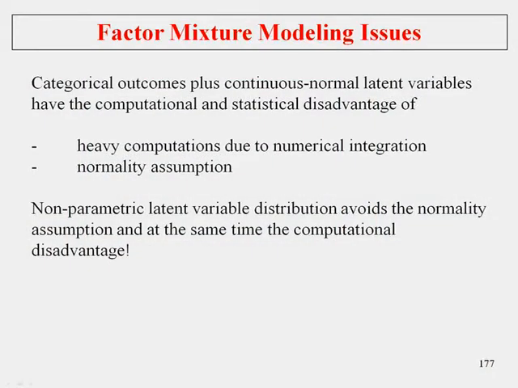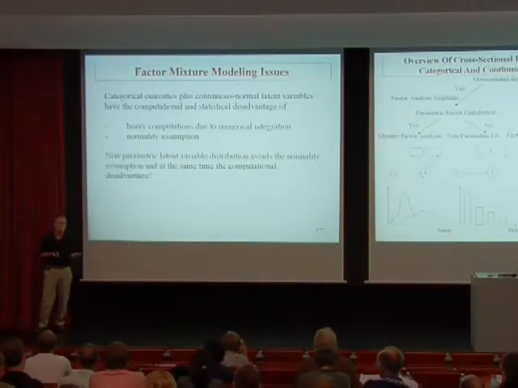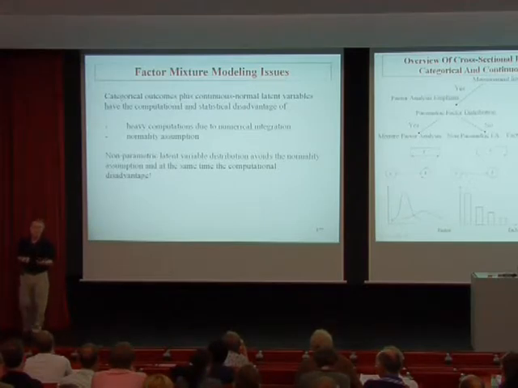The more factors you have, the heavier the numerical integration. We're going to talk about that a little bit at the end of tomorrow, I believe. And that's the computational disadvantage, and the statistical disadvantage is that of having to assume normality for the continuous latent variables. Having to assume any distribution for latent variables is much more serious than having to assume a distribution for observed variables.